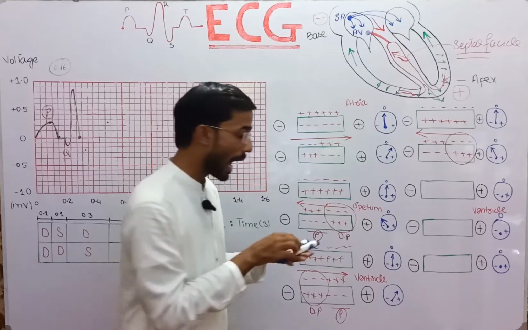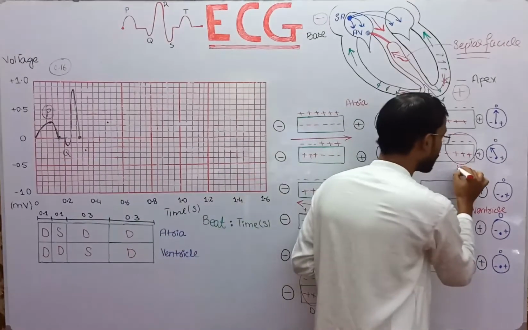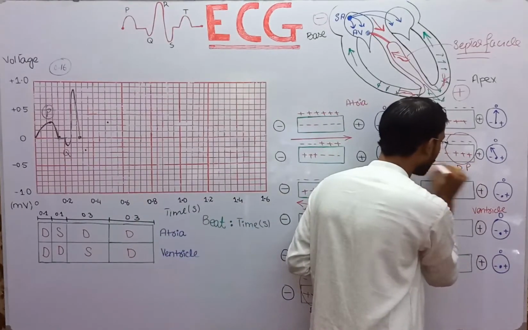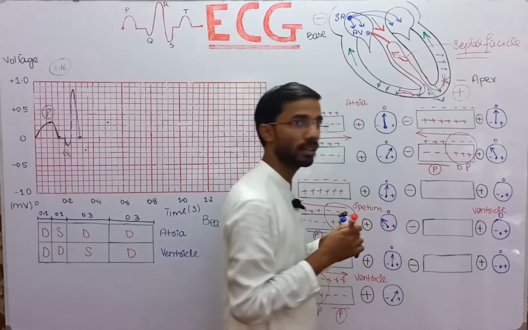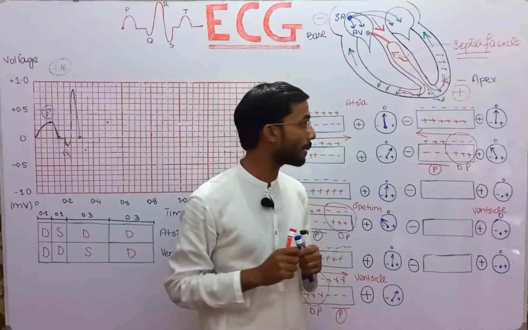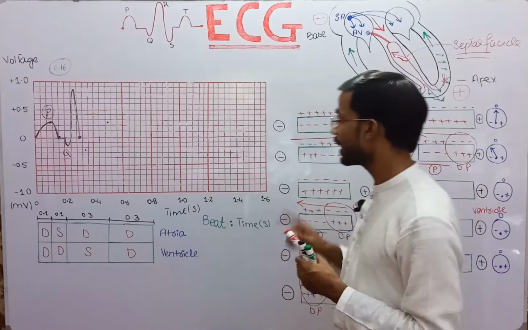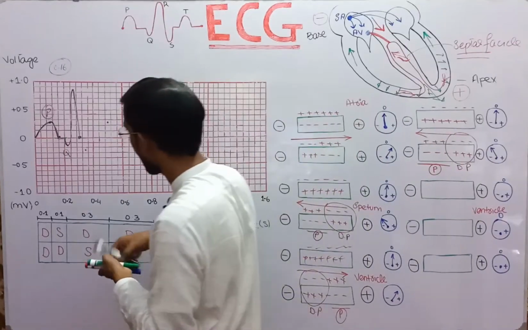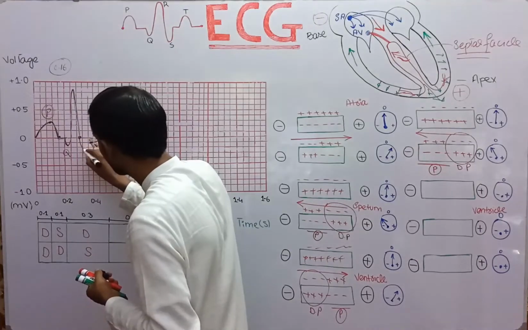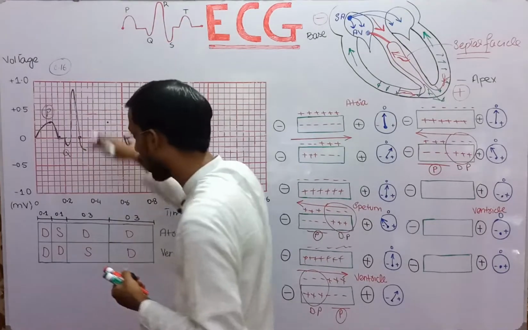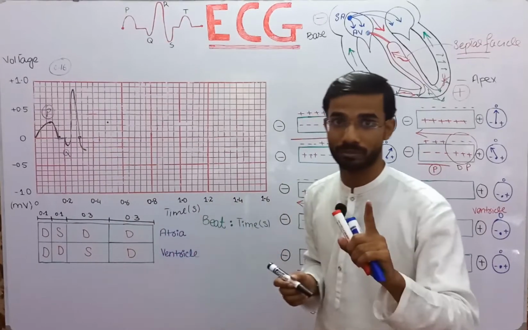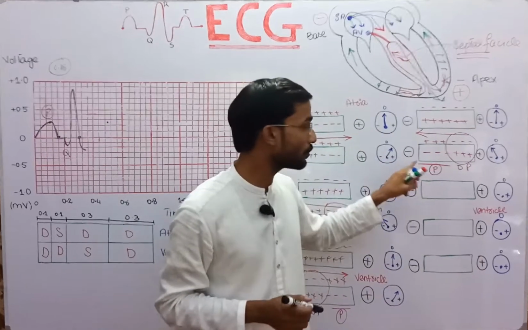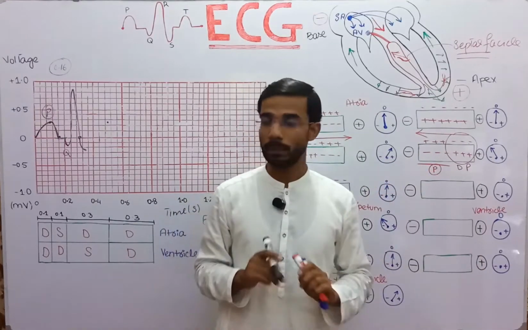Only keep in mind that half become depolarized and half are still in a polarized state. Then what will happen on the graph? Here you can see a negative deflection, only half downward, because half of the cells of the ventricle are now depolarized.